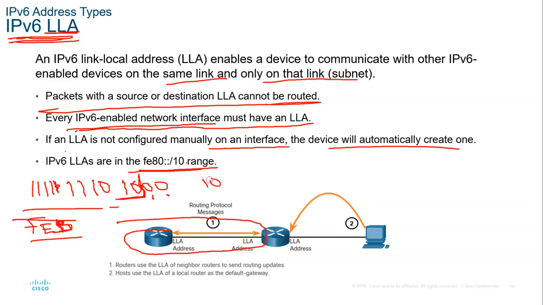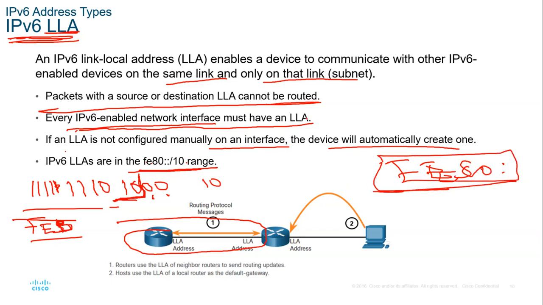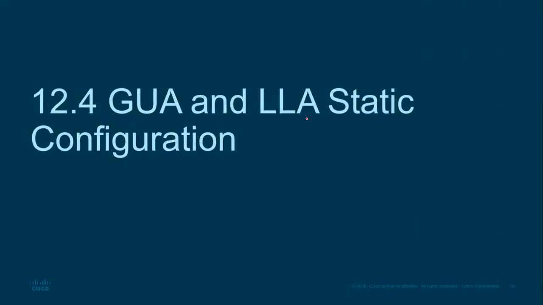Where is the 10 coming from? You just simply count this. So it has to remain uniform. So every time you see FE80, that is a link local address.